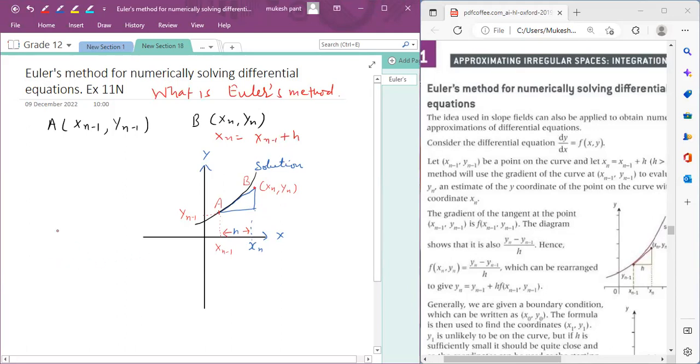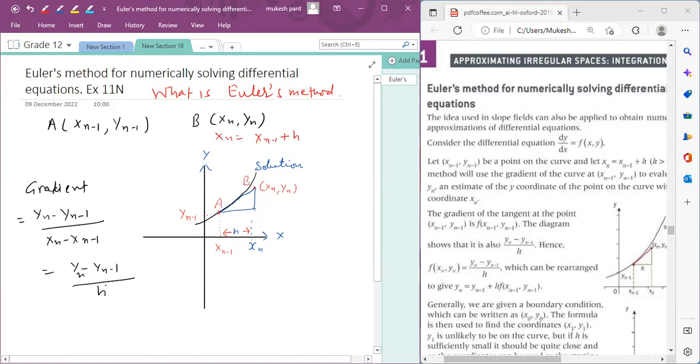We know gradient equals the vertical length, this one, yn minus 1, and here the horizontal is xn minus 1. We know this is yn minus 1 over, we know this difference. What is the difference between these? h. So you can write h here, right?